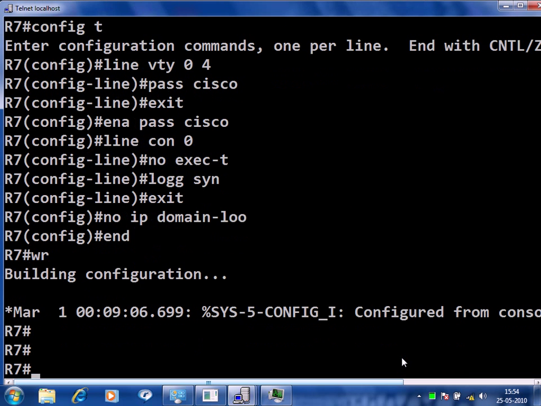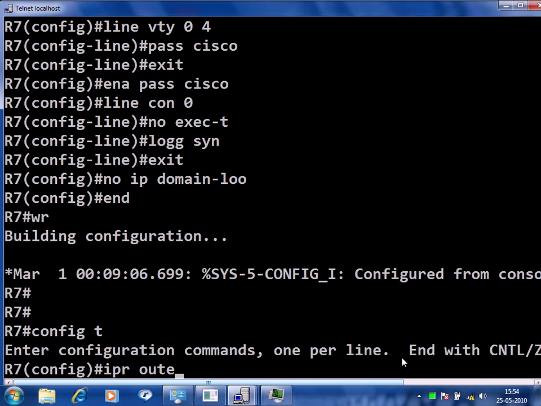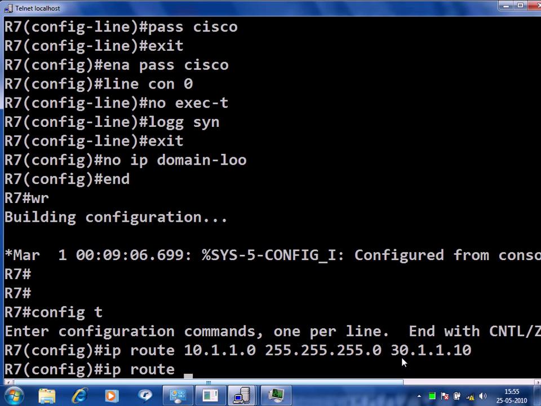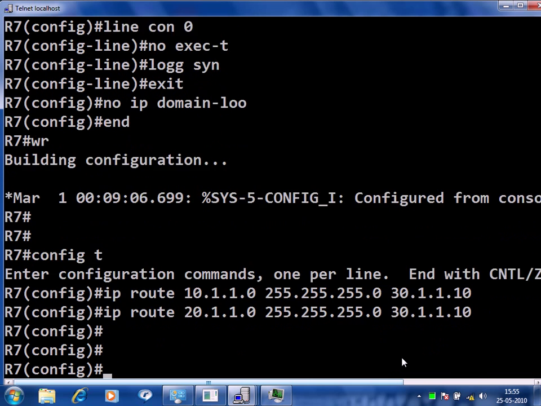In a similar way, on R7, IP route 10.1.1.0. Let's define the route for the 20 network as well. So that was a routing issue; I know that now all of you are good at it.